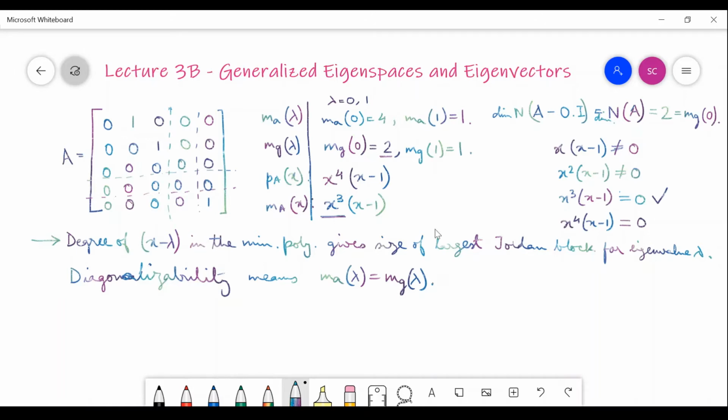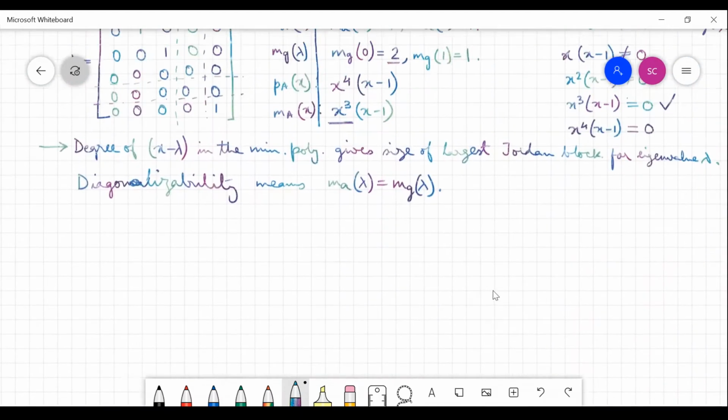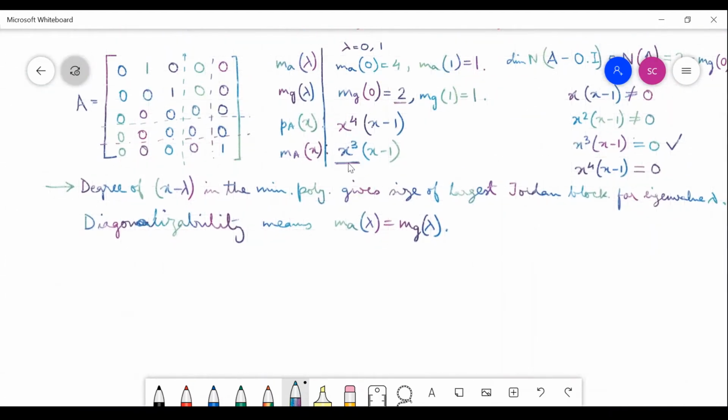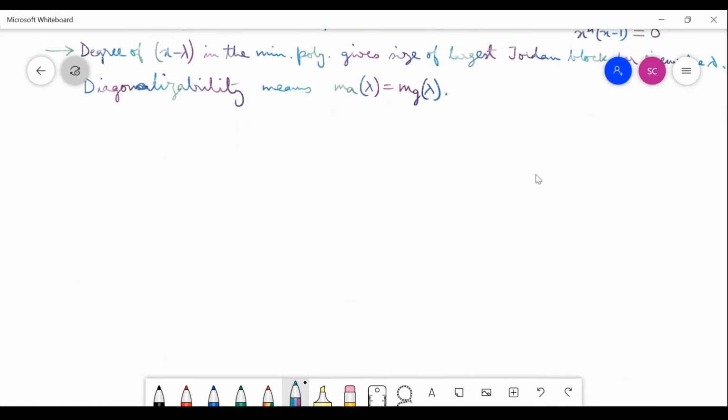From here I will move on to the more general understanding of why we say that the degree of x minus lambda in the minimal polynomial gives the size of the largest Jordan block. Why do we say so? Let us see now.